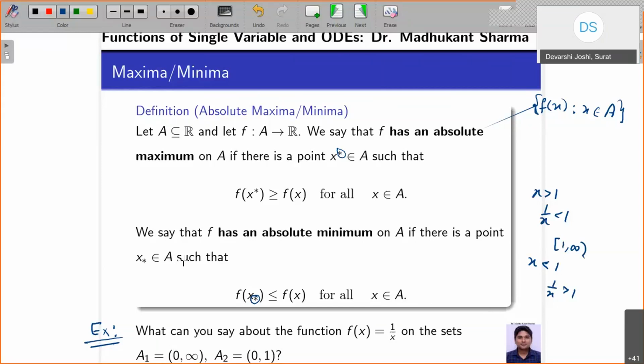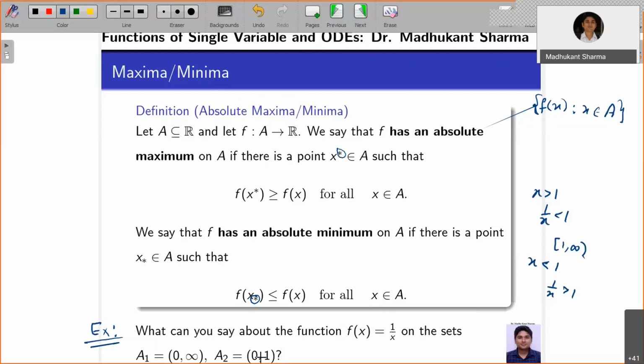Okay, sir, understood. So there are infinitely many numbers between 1 and 1 minus. Rational numbers are there, irrational numbers are there, by the density theorem. So for having the absolute minimum on the interval A2, you must include 1 inside.